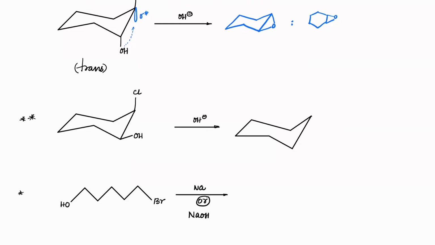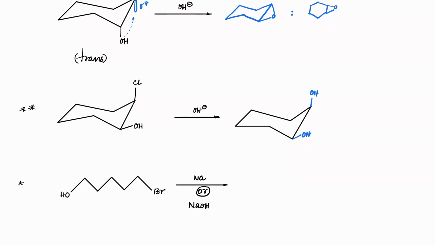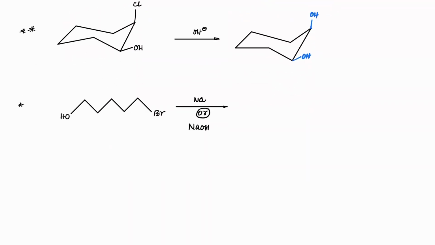But if they are in this direction, this O minus attacking here, correct, and removing this chlorine becomes a little challenging. Okay. So in such a case, we will report one OH here and one OH here. So that means even though it forms an alkoxide, attack would be relatively difficult for it. Okay. That's why we will generally report this as ethers this way, alcohols this way.